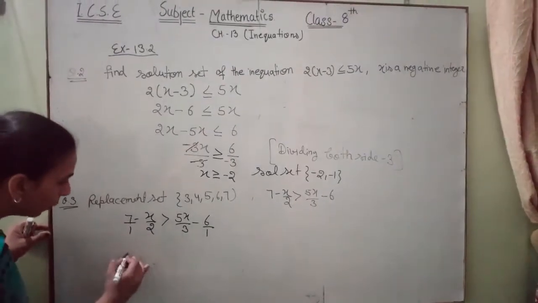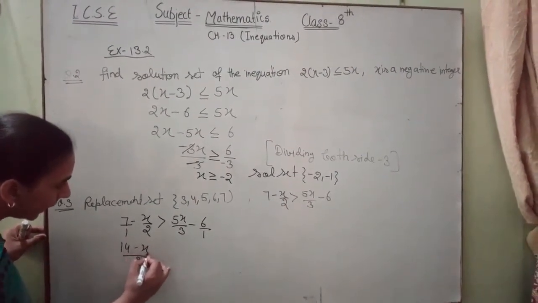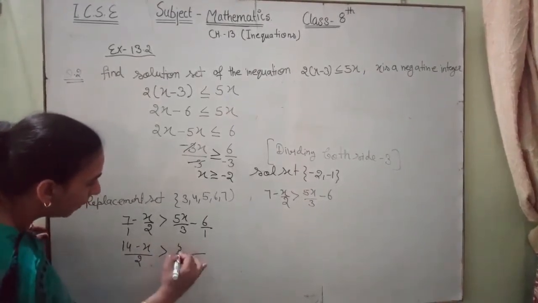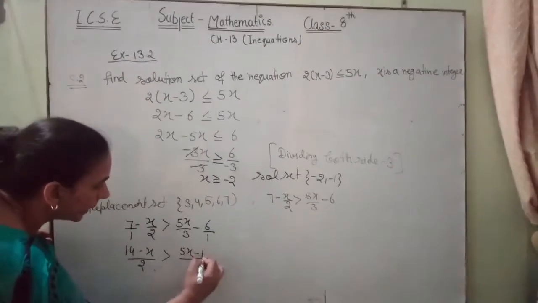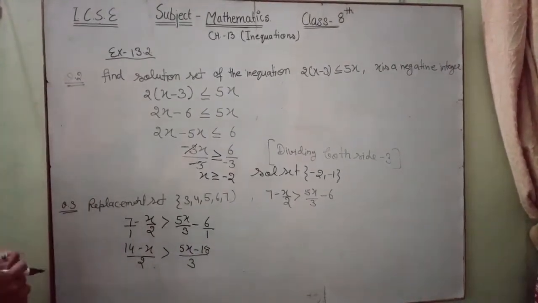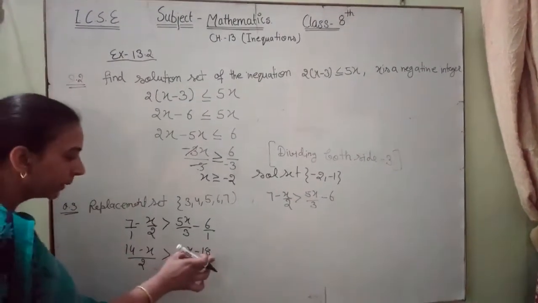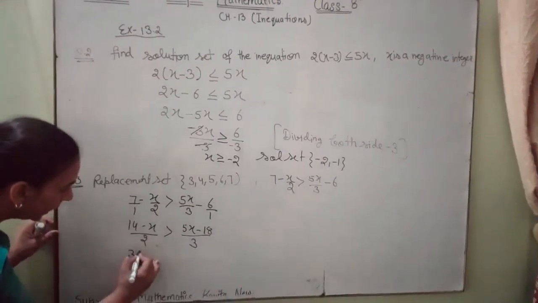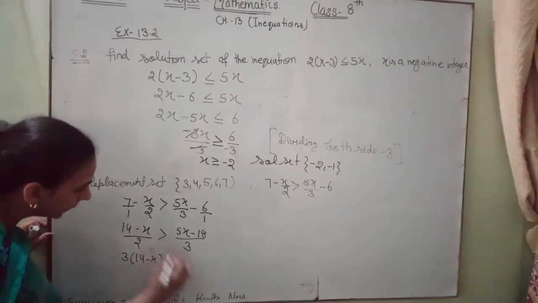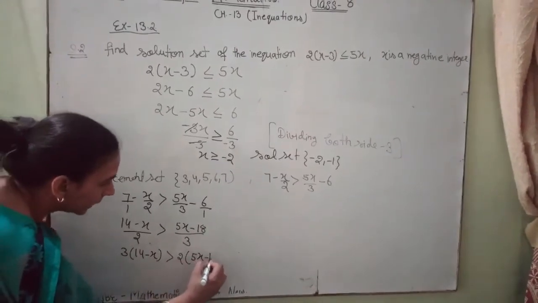On this side we take LCM 2, then 14 minus x, and on the same side we take LCM 3, 5x minus 18. Okay student, again we cross multiply, 3 multiplied by this and 2 multiplied by this, then 3 multiplied by 14 minus x, greater than sign as it is, 2 multiplied by 5x minus 18.